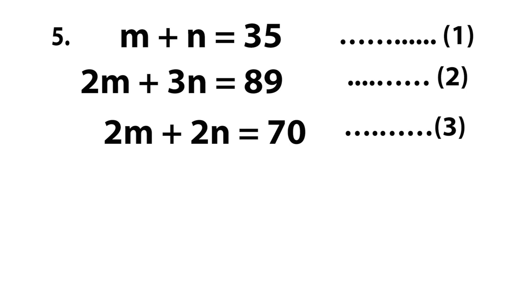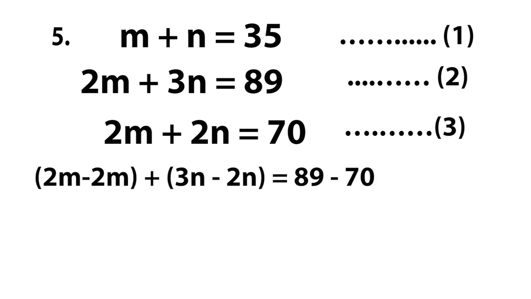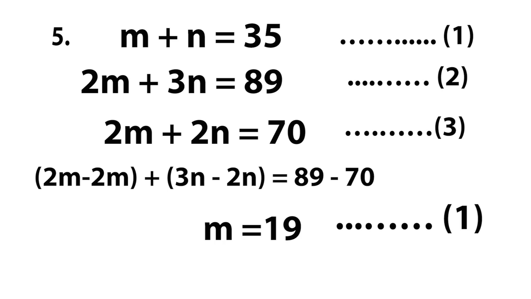Also, let us subtract equation 3 from equation 2. And that will give us 2m minus 2m plus 3n minus 2n is equal to 89 minus 70. Solving, we get n is equal to 19.